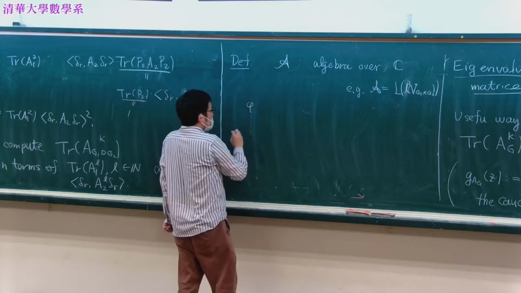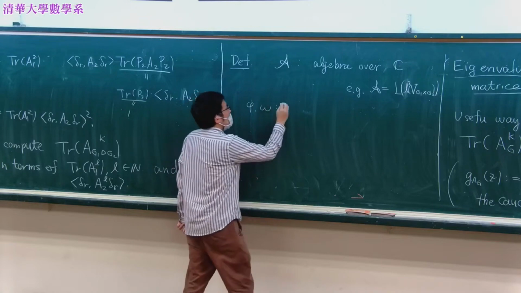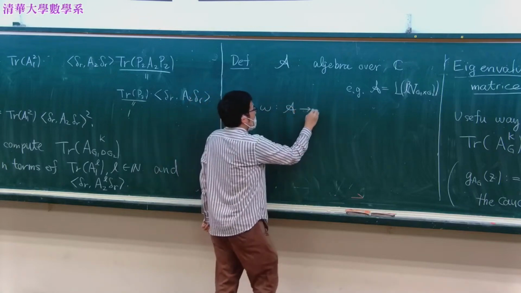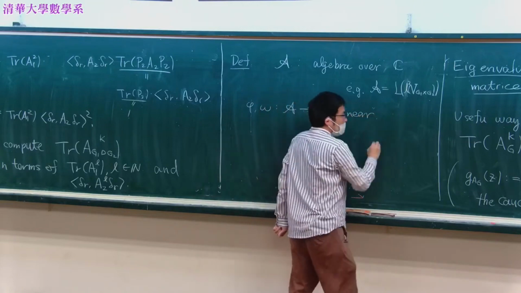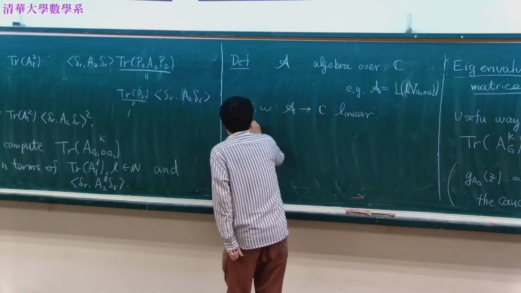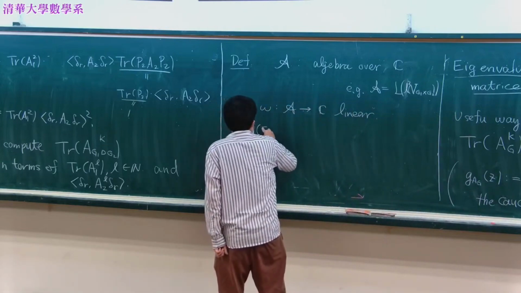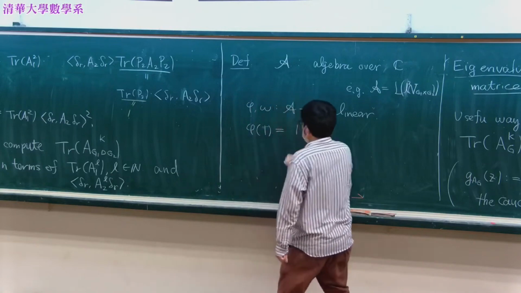And let's take two linear functionals, phi and omega, linear functions from A to C. For phi, I will assume that the unit element is sent to the unit, so phi(1) is 1.